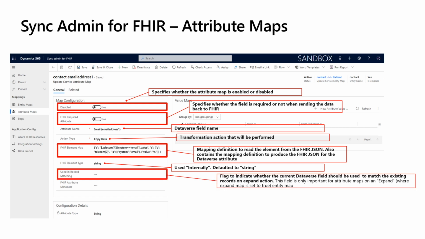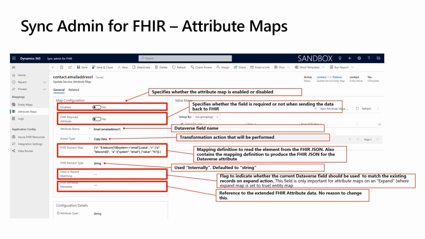Used in record matching flag. This is a flag to indicate whether the current Dataverse field should be used to match the existing records in the expand action. This field is only important for attribute maps on an expand, where expand map is set to true. Finally, we have FHIR attribute metadata, a reference to the extended FHIR attribute data. No reason to change this.